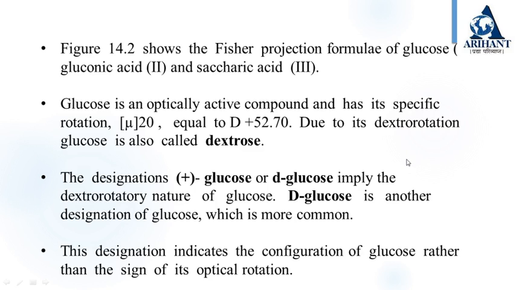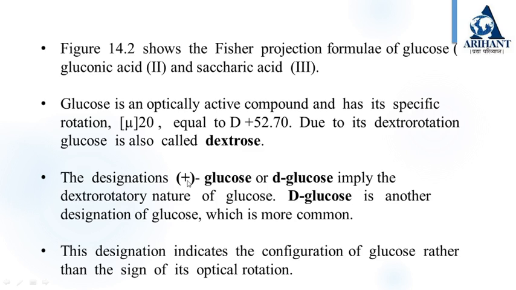So remember this, glucose is always dextro-rotatory. The designation plus glucose or d-glucose implies the dextro-rotatory nature of glucose. Capital D glucose is another designation of glucose which is more common. This designation indicates the configuration of glucose rather than the sign of its optical rotation.